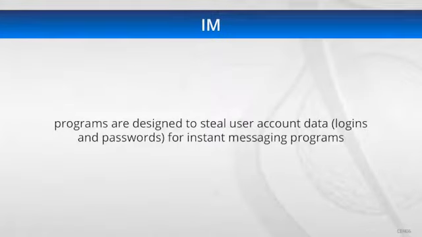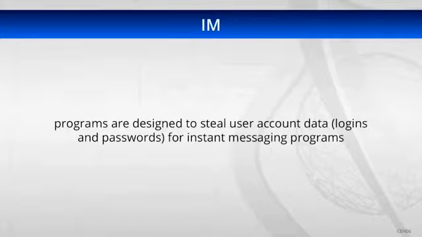Instant messaging. Instant messaging is a vehicle for delivering some sort of information, but it also could be used to have user account data, login, and passwords for instant messaging programs where we could subvert. We could convince somebody to use that instant messaging account for something else.